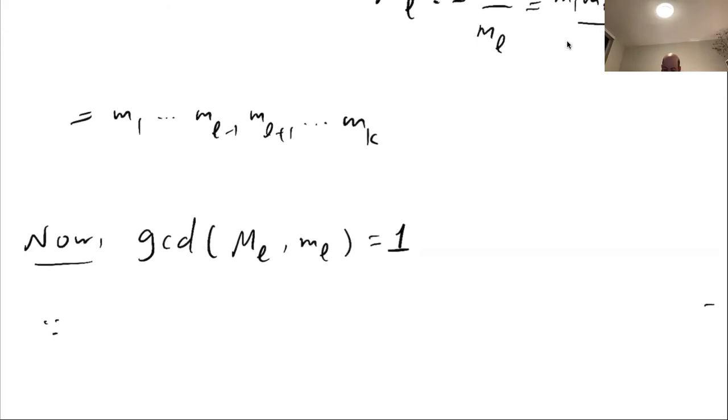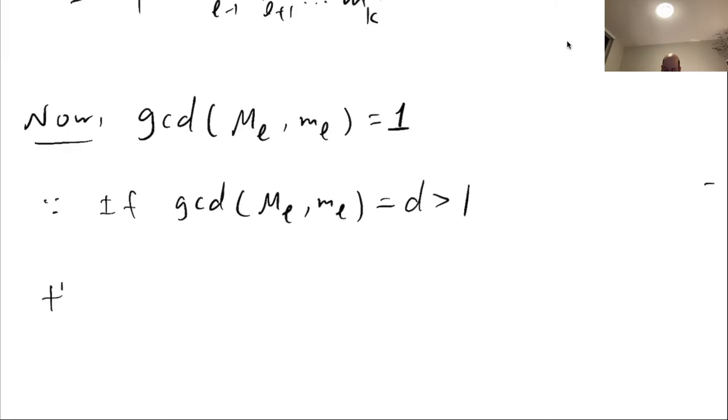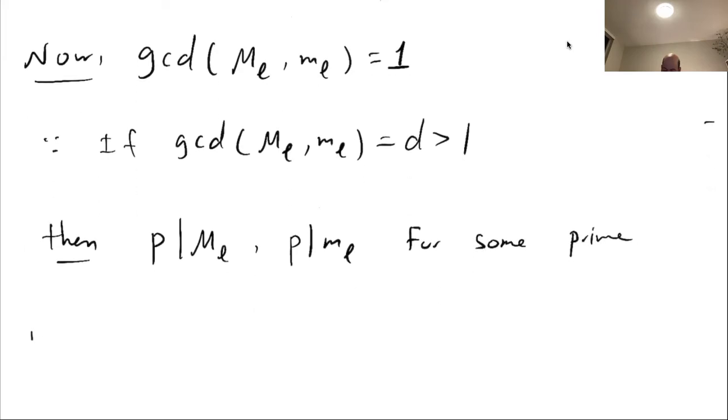Because if not, if the GCD of capital ML and ml equals some D, which is bigger than 1, then I can say that some prime number P divides capital ML and P divides small ml. If the GCD is bigger than 1, then some prime number P will divide both capital ML and small ml.